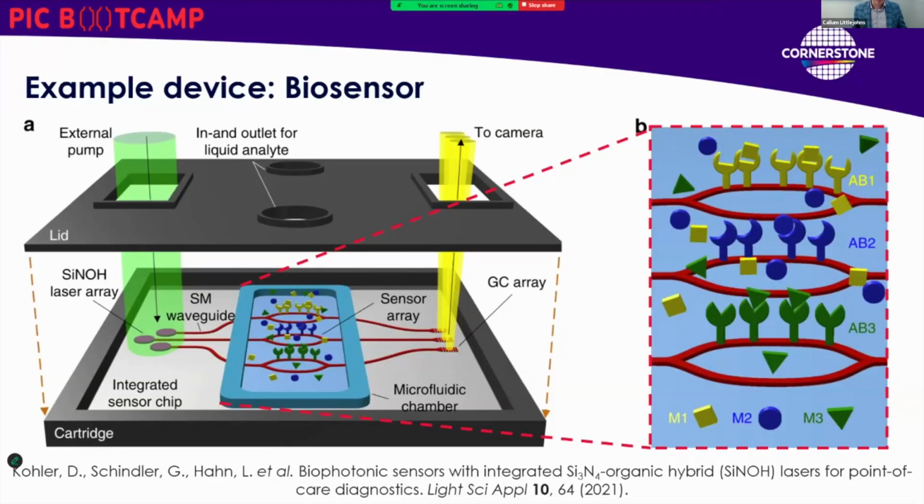Changing entirely to a different area, what does a biosensor look like? This is a very simplified cartoon of how it might work. On the left-hand side, we've got our light source. On the right, we have a detector. And in the middle, we have an area where the environment is exposed to the top of our photonic chip. By functionalizing certain areas of this device, we can make it highly sensitive and specific to a given analyte.